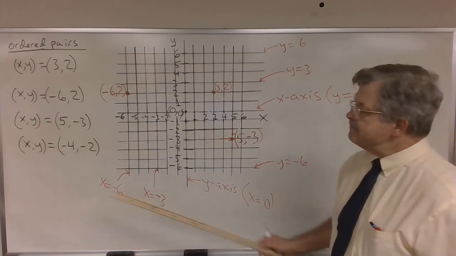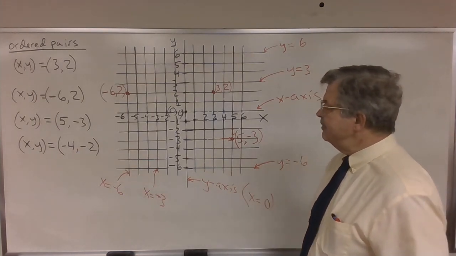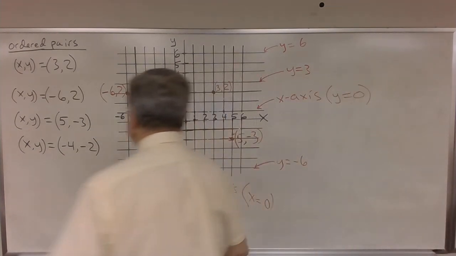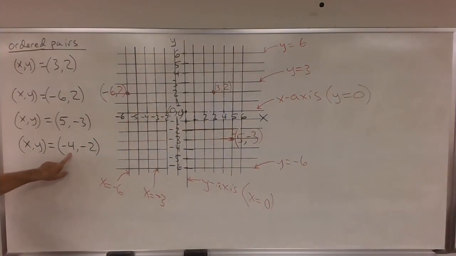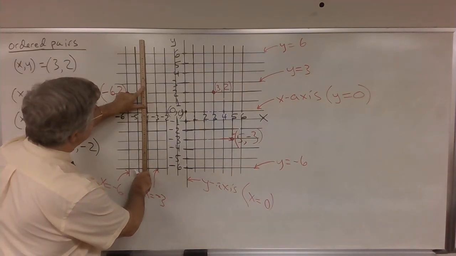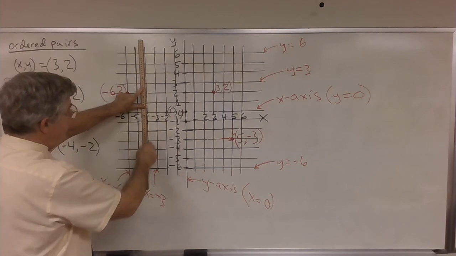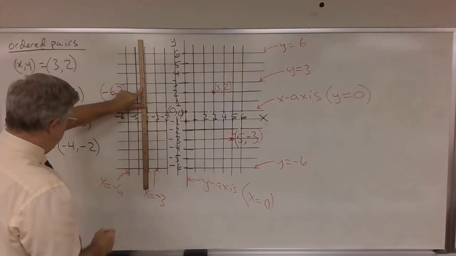One more point, x equal -4, y equal -2. So the first thing we do, we find -4 on the x-axis, and here it is. So this line that goes through the point x equal -4 on the x-axis is the line x equal -4.